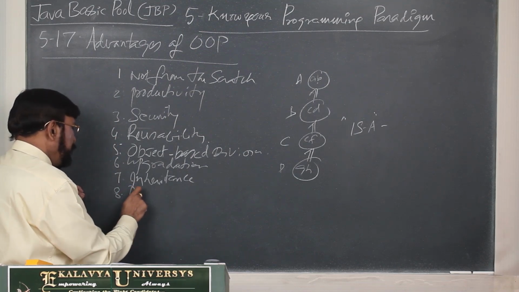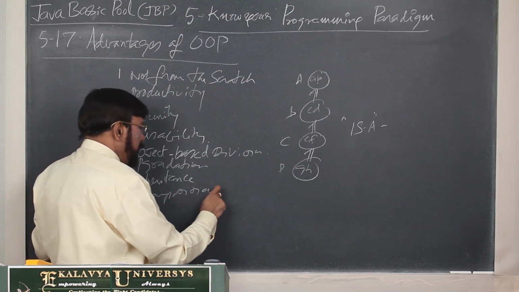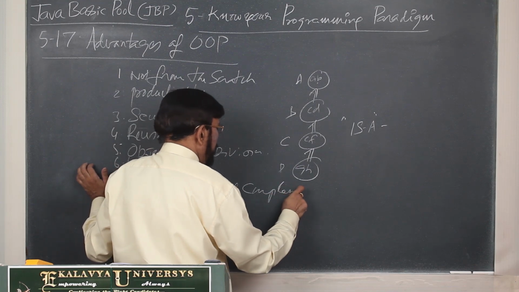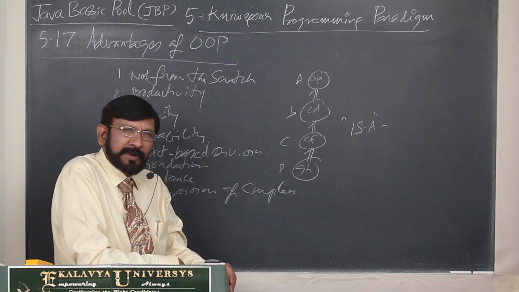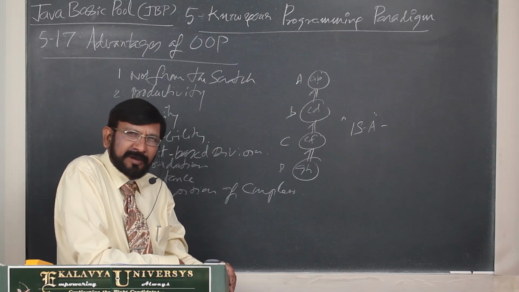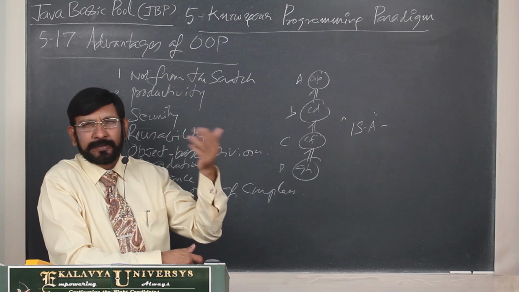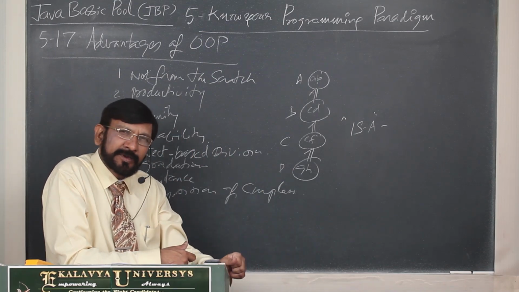Next, decomposition of complex projects. Actually, whenever you have to understand a complex project, you cannot understand it as it is, because it is so big and complex. Where to start? It is like a forest. Where to start, where to end, you never know.